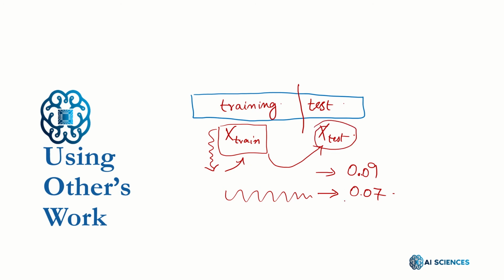The test set is fixed. Then many research groups came up with improved models, down to 0.05. Now you come along and say, okay, I'm going to improve that from 0.05 down to, let's say, 0.03 or 0.04.